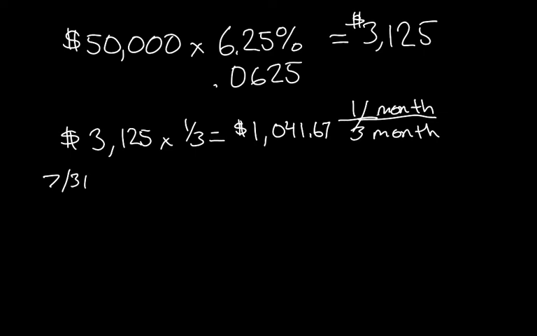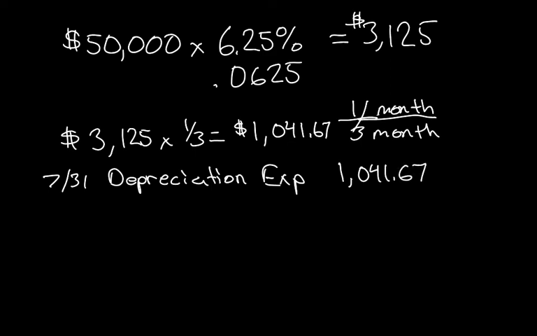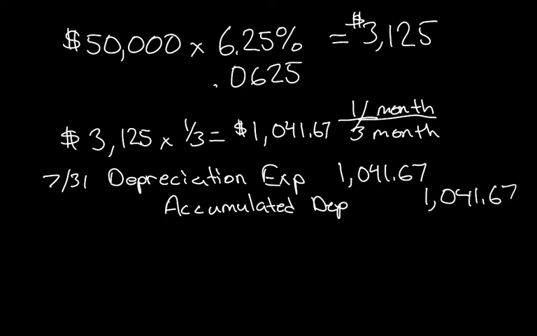So therefore, our first journal entry at the end of July, actually it'll be July 31st, to represent that first quarter it was purchased, will be depreciation expense, debit of $1,041.67, and accumulated depreciation, credit of $1,041.67.